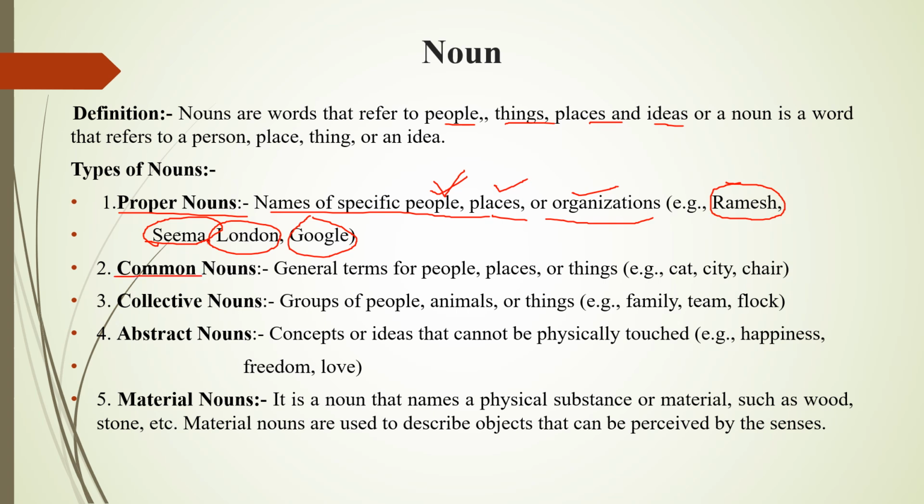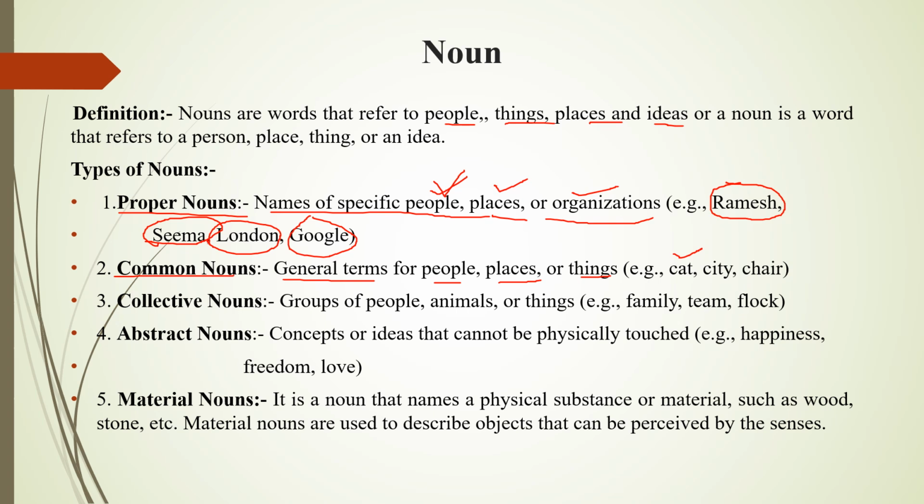Then we have common nouns. Common nouns are general terms for people, places, or things. For example, we may say cat. Cat is the general term which is used for an animal.